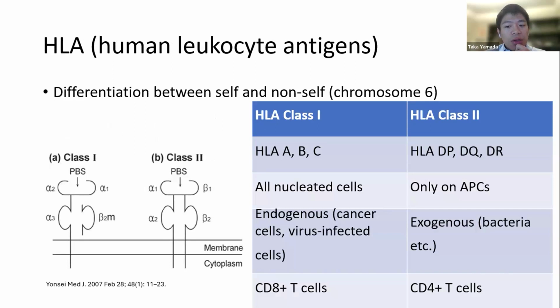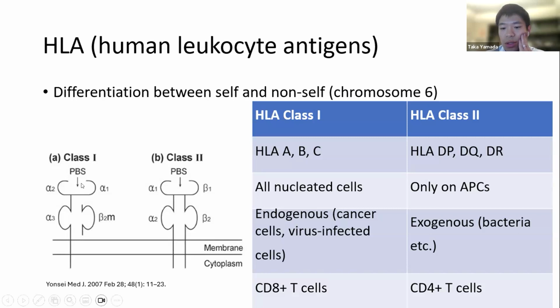The genetic loci involved in the differentiation between self and non-self are known as HLA, human leukocyte antigen. HLA maps to the short arm of chromosome 6, and it has two classes. Class 1 contains HLA-A, B, C, which encode the heavy chain of the class 1 molecules.